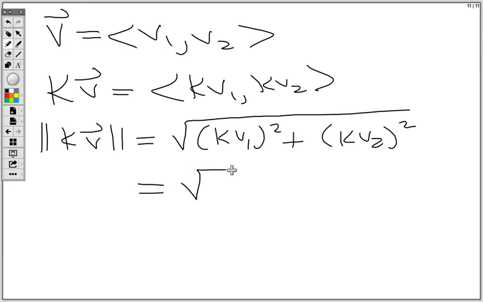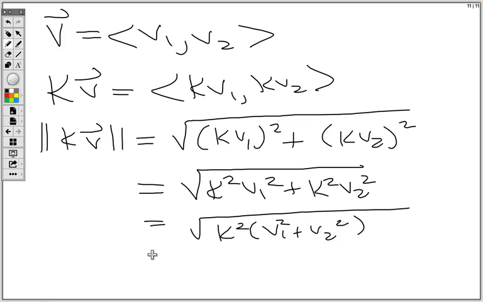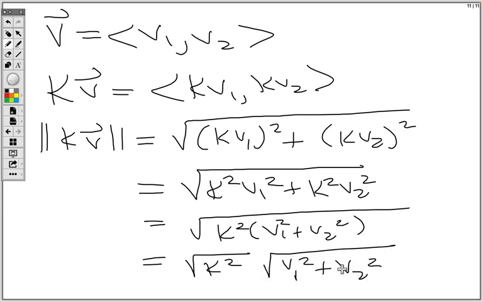Now if we simplify that, we get the square root of k squared v1 squared plus k squared v2 squared. Now we can factor out a common factor of k squared within the radical. Square roots do not work well with addition, but they do work well with multiplication. So I can use the product rule for radicals to write this as the square root of k squared times the square root of v1 squared plus v2 squared. I can't simplify the second factor anymore, but I can simplify the square root of k squared, and that's the absolute value of k.